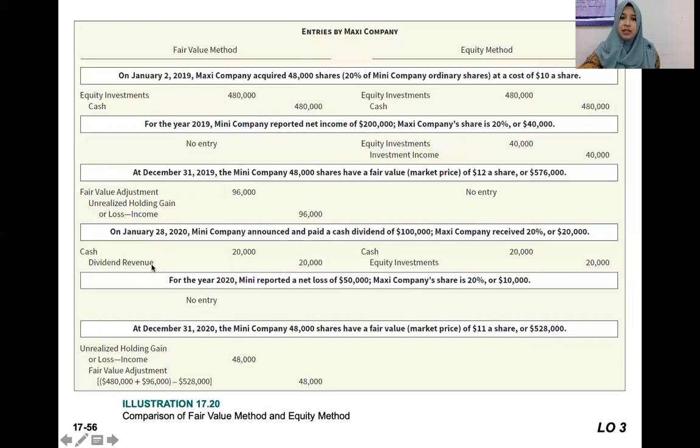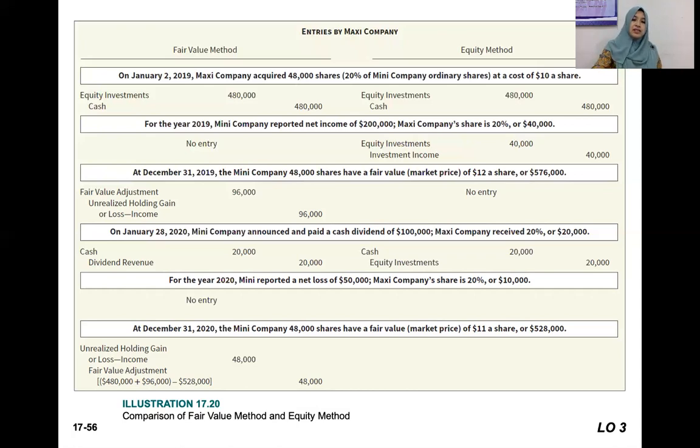Under fair value, we regard it as dividend revenue. But under the equity method, the dividend received will reduce the amount of equity investment. That's why we credit equity investment.